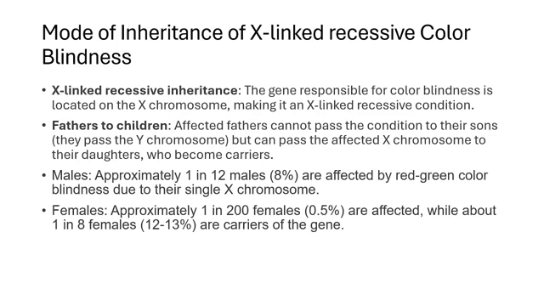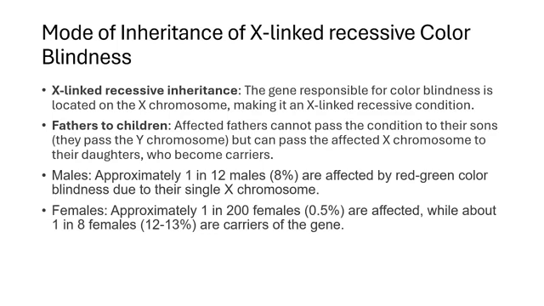According to the Colorblind Awareness Organization and other scientific sources, the probability of someone having the X-linked recessive colorblindness gene varies by gender. Approximately 1 in 12 males, about 8%, are affected by red-green color blindness due to their single X chromosome.